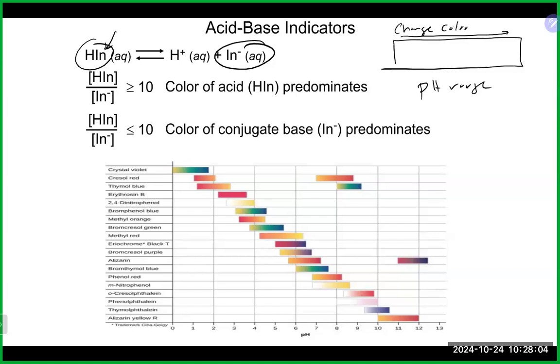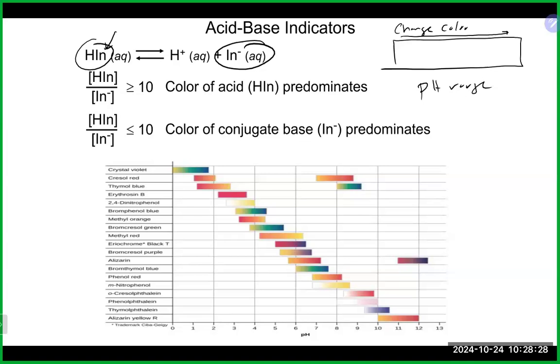And that's really why they're useful, because you definitely want to choose an indicator where you will actually see a color change occur near your equivalence point, because that's typically why you use an indicator. It is a visual reference to tell you, hey, you should maybe stop your titration because you're probably at the equivalence point. It's kind of like the stoplight, if you will, that you should wrap up your titration.